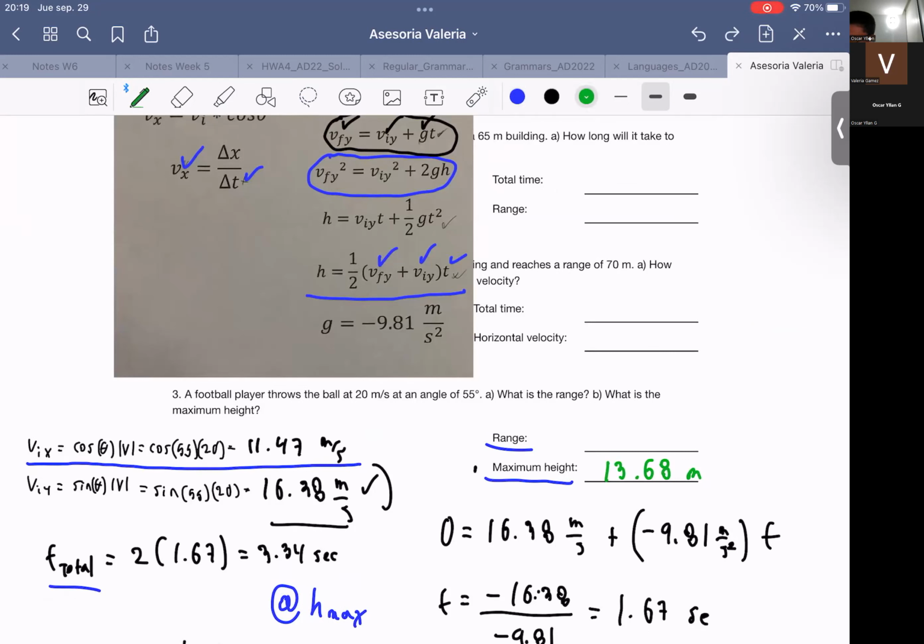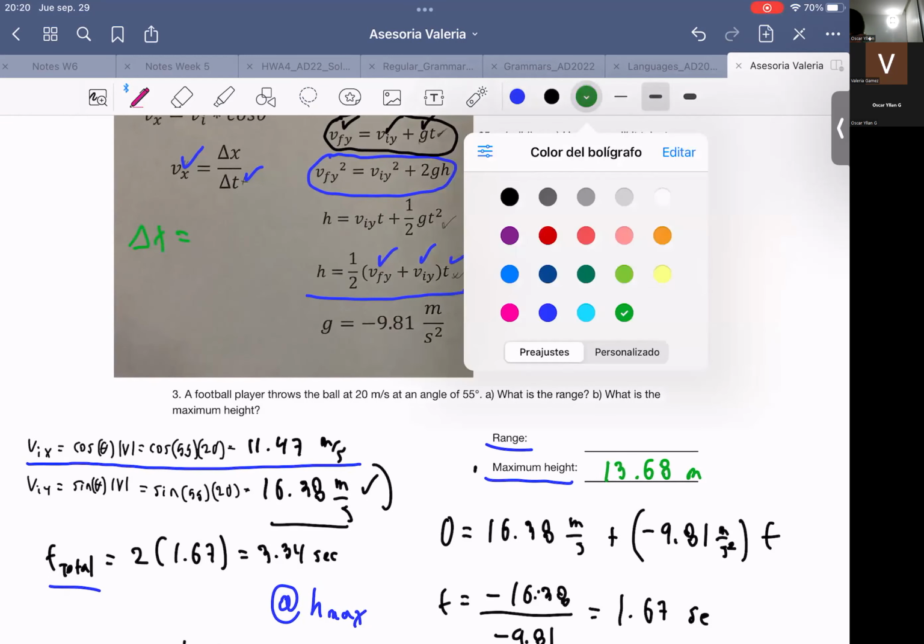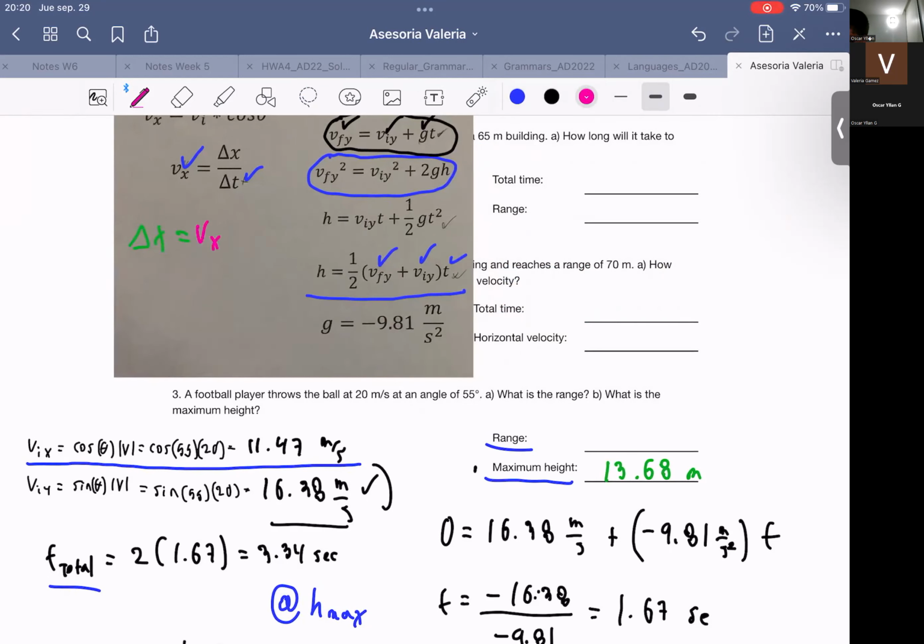We are going to get that the range is equal to Vx multiplied by delta time. And Vx is equal to? Vx is 11.47. Perfect. And what is our time? 3.34.